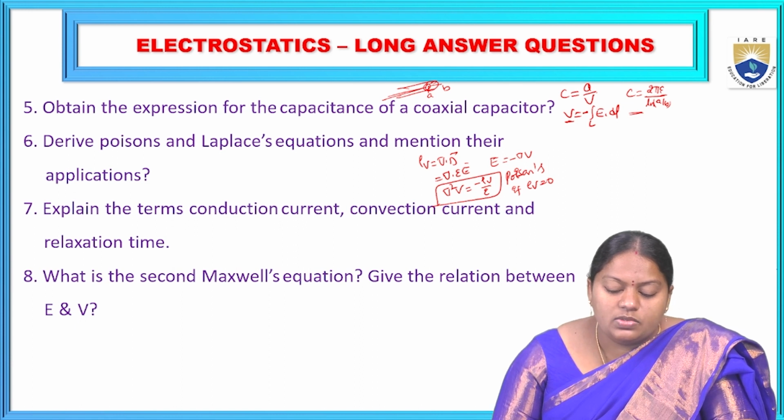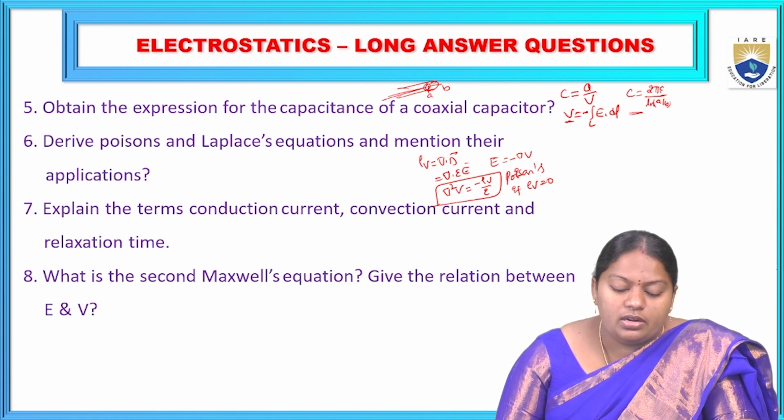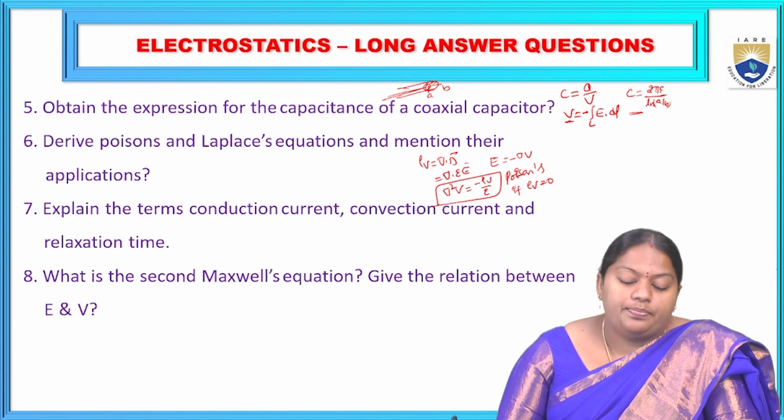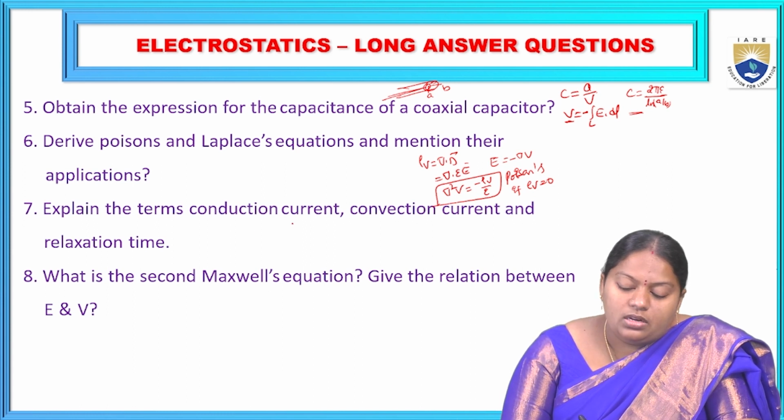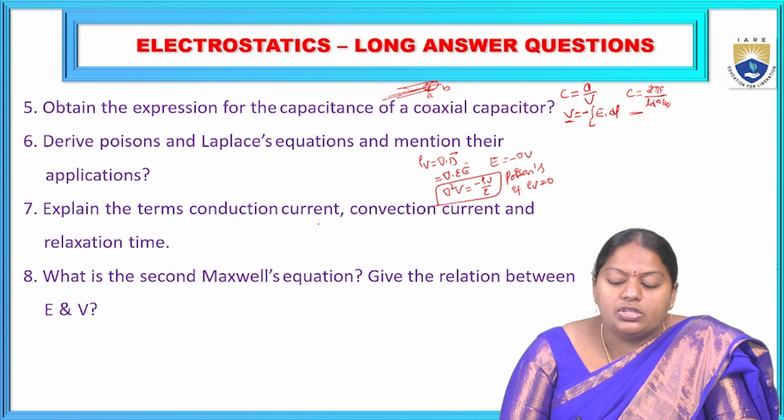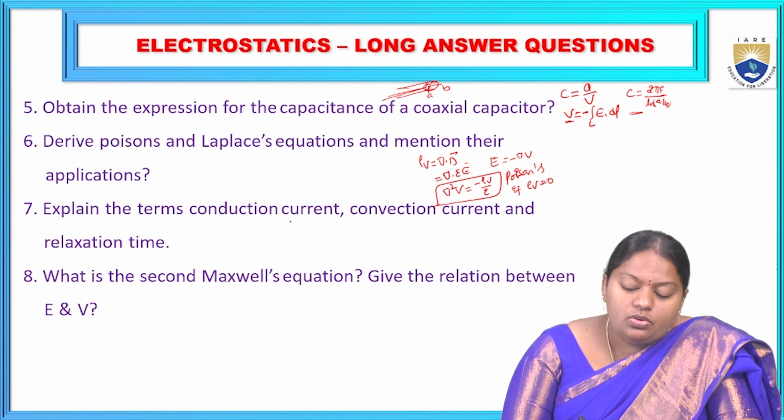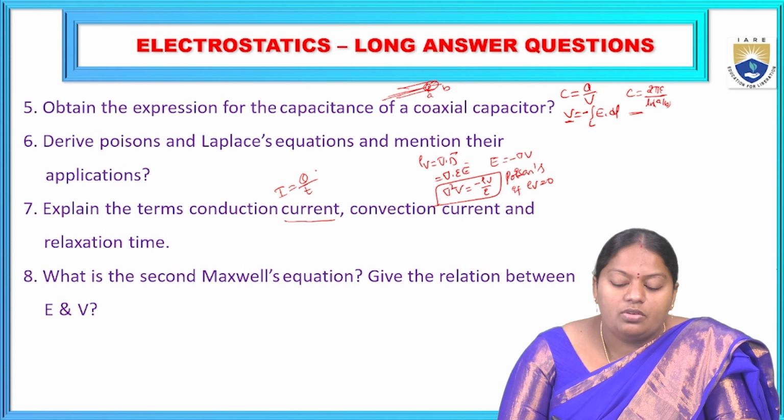Next, explain the terms conduction current, convection current, and relaxation time. To define conduction current and convection current, we need to know what current actually is. Current I is equal to Q by T, charge per unit time or flow of electrons.